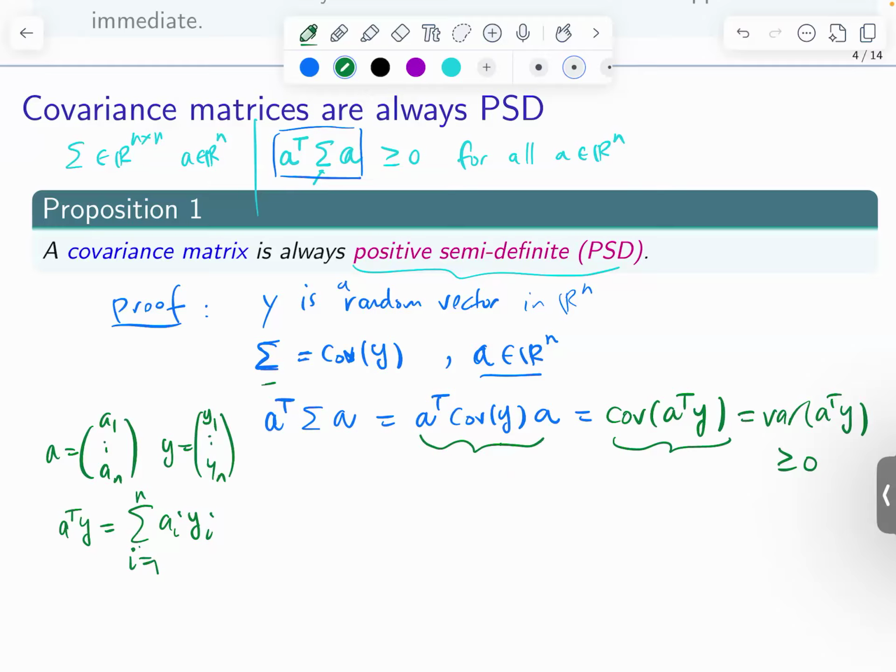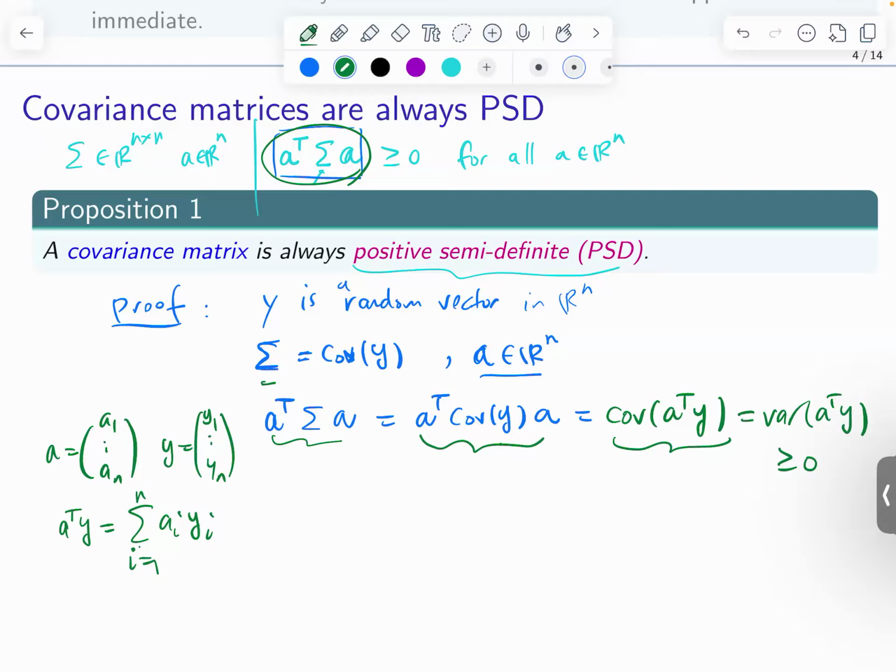So this statement that sigma is positive semi-definite really is equivalent to saying that the variance of any linear combination of elements of the random vector is non-negative, which is always true. And you can also see the rationale behind this quantity, A transpose sigma A: if you want to think statistically, it's really a variance.